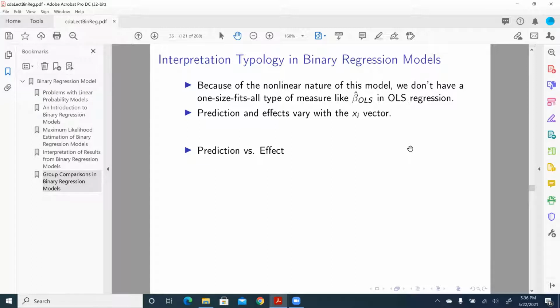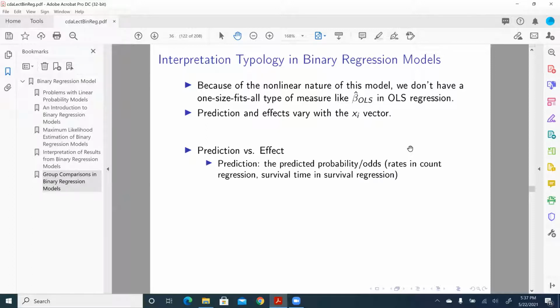Based on my own research, I want to talk about a 2 by 2 by 2 interpretation typology in binary regression models. First is measures based on prediction versus measures based on effects.